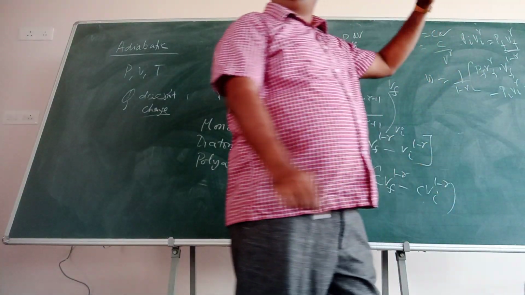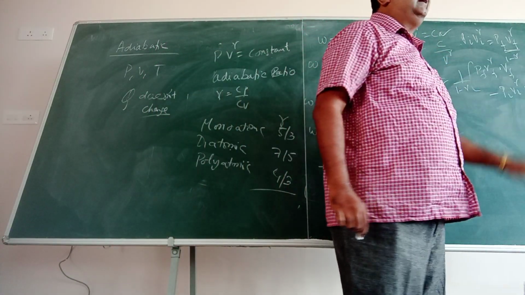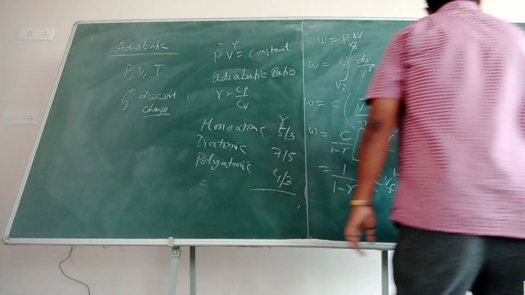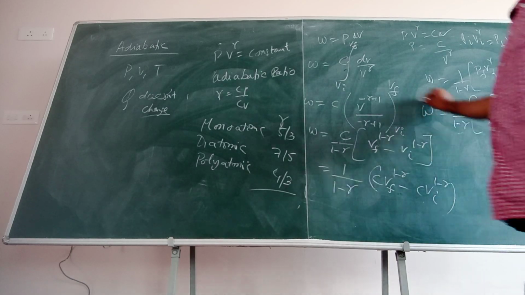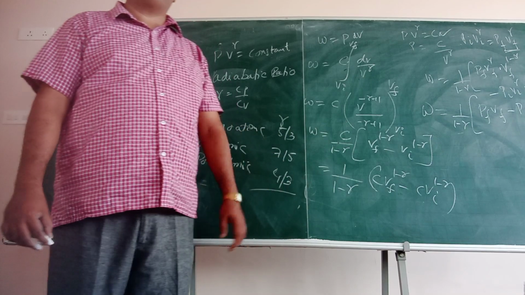Observe this. Vf to the power of 1 minus gamma. You have to add the powers. When you add the powers, you are getting gamma cancelled. So you are getting here 1 minus gamma, Pf Vf. Similarly, here you will get Pi Vi. Understood? Now it is a little simplified form.